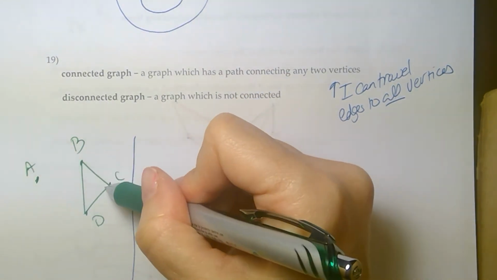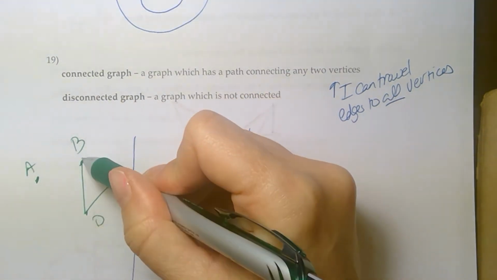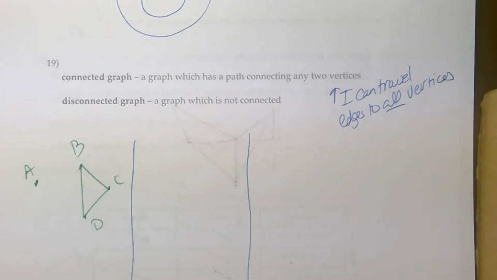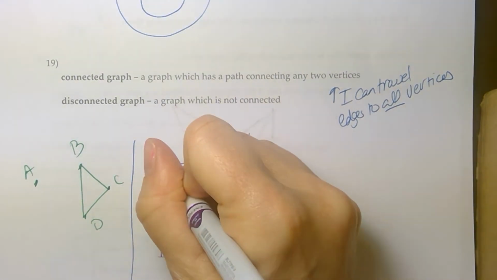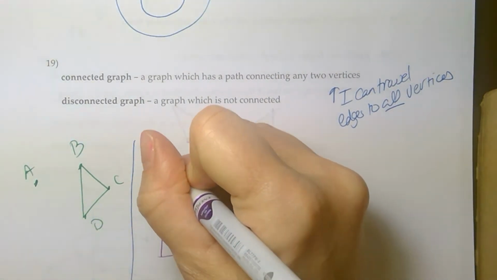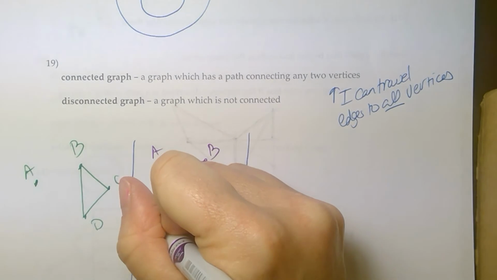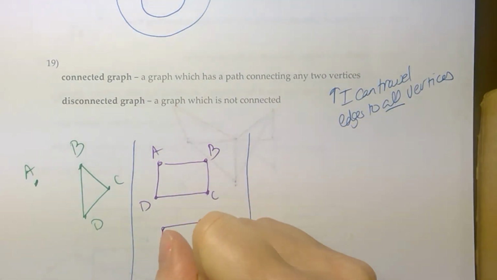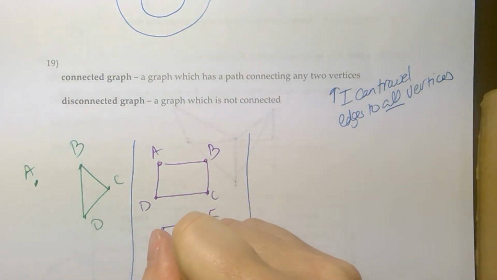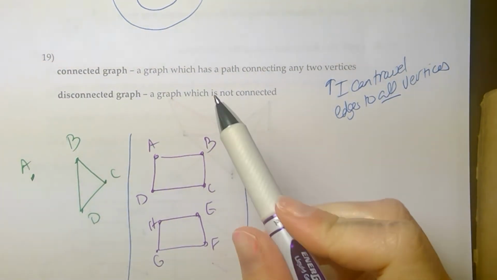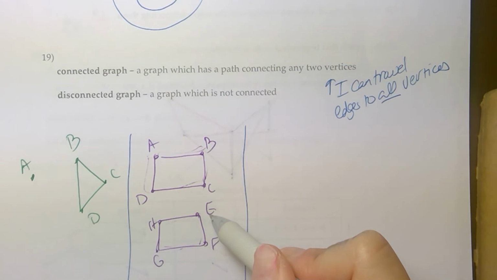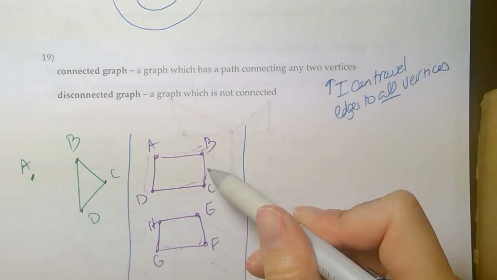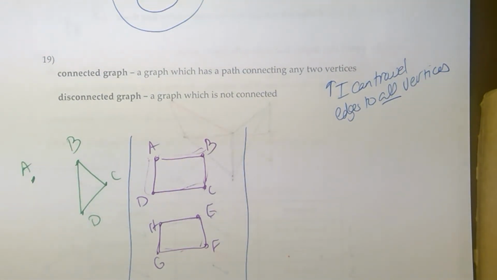I can get from B to C to D and back to B, but I can't get over there to A. My second example of a disconnected graph is this, A, B, C, D, E, F, G, H. I can travel 4 vertices, or I could travel the other 4 vertices, but I can't get from this set of vertices to that set of vertices because they're not connected.